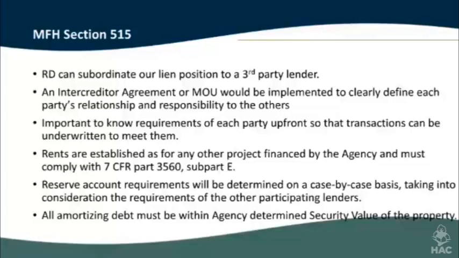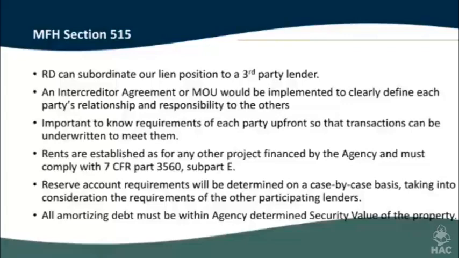We need to know this stuff early on so that there's no surprises and everyone's aware of everyone's deadlines, their requirements, etc. RD can subordinate our lien position to a third-party lender or take a parity lien. Subordinations would require an intercreditor agreement or an MOU that defines each party's relationships, their responsibilities and requirements, as well as a subordination agreement that meets the agency requirements as outlined in Chapter 6 of Handbook 1 of 3560.